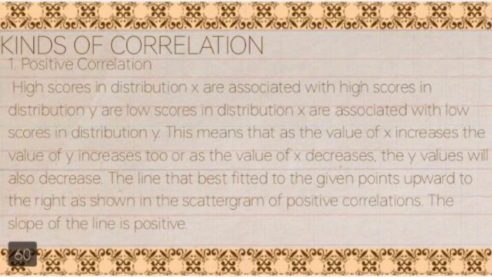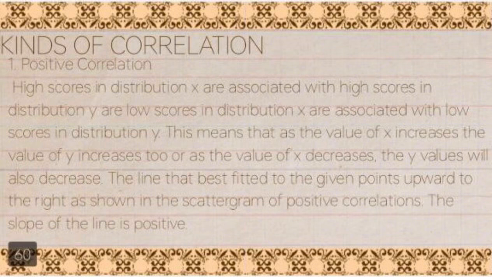The line that best fits the given points goes upward to the right, as shown in the scattergram of positive correlation. The slope of the line is positive. So a positive correlation means that as one variable increases, the other also increases. Likewise, when one decreases, the other decreases too.